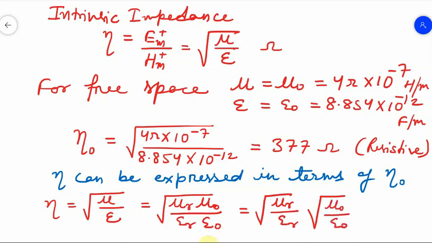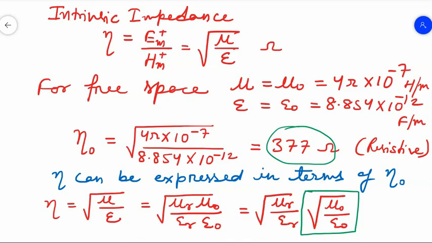Now what is this term? This term is 377 ohm. So we can write it as 377, or eta 0, for free space.